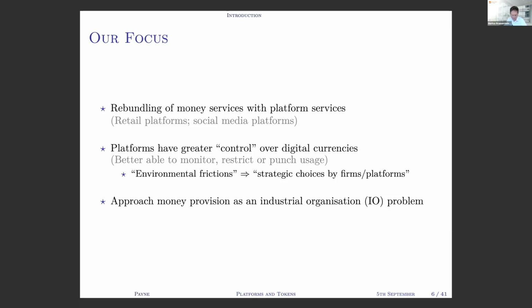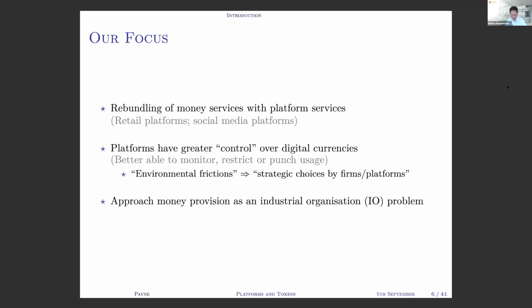So in particular, we see different kinds of private firms or platforms trying to provide this money, and this offers a different kind of synergy they can potentially get. So we want to think about that issue, right? How does a platform make money out of issuing or earn profit out of issuing its own currency?